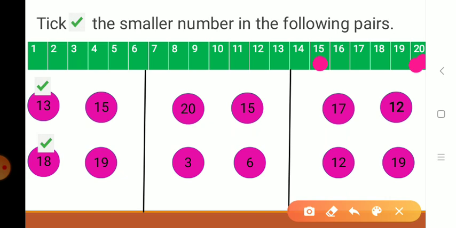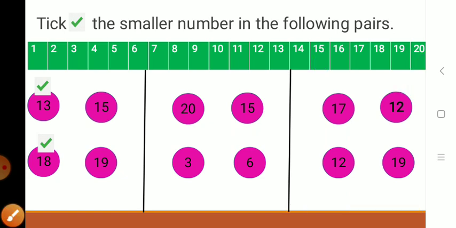Number 15 is here. Which number comes before? 15 comes before the 20, so you can say that 15 is smaller than 20. So tick on the 15 in your textbook.